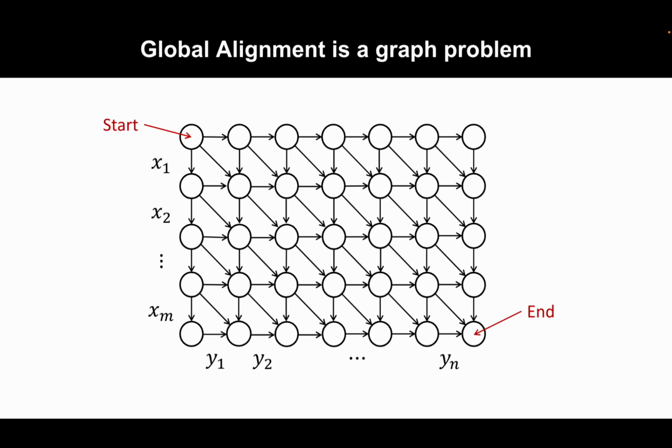So global alignment is broadly a graph alignment problem, right? What this graph represents is that the rows represent one sequence, x1 to xm, and the columns represent the other sequence, y1 to yn. And I am essentially looking for what is possible.